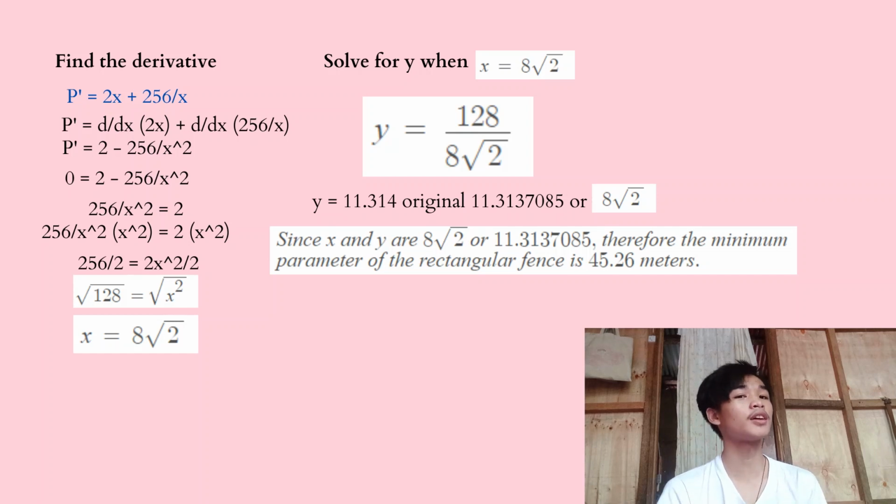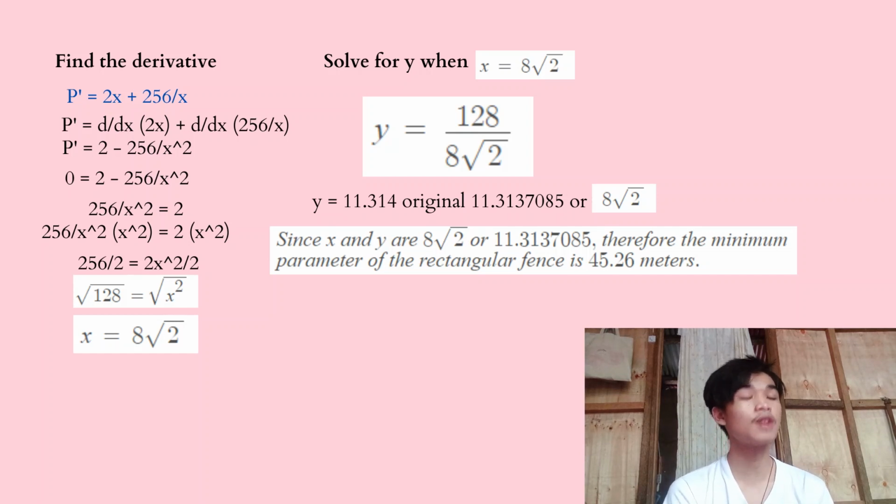By using our calculator, we will get our answer, which is y equals 11.314, or the original answer is 11.3137085, which is also 8 times the square root of 2.